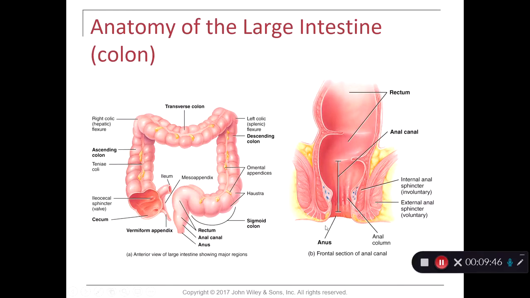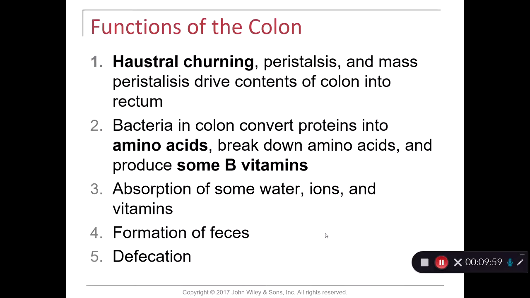You can have external hemorrhoids if it's on the external anal sphincter, or internal hemorrhoids on the internal sphincter. These can develop large enough that they can bulge out past the anal orifice or the anus itself.